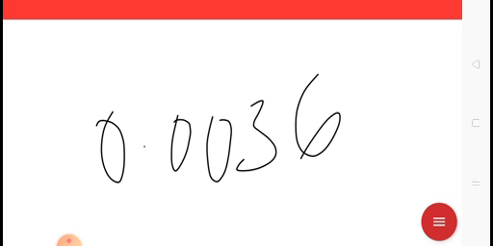This is the probability that neither confidence interval contains the mean.